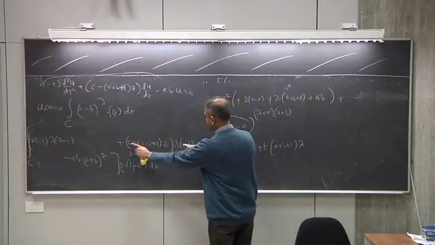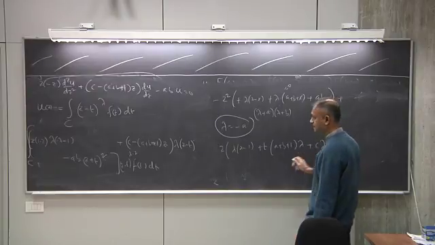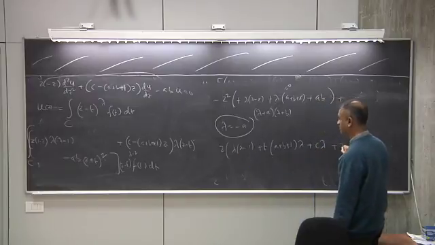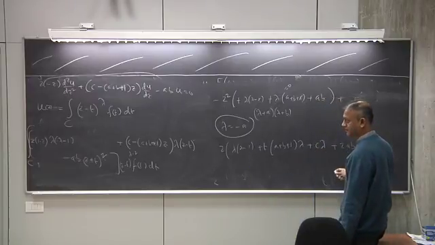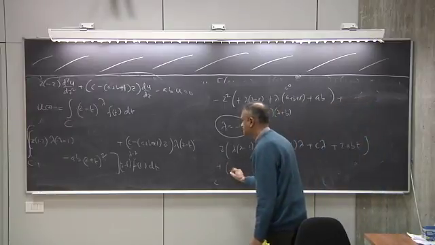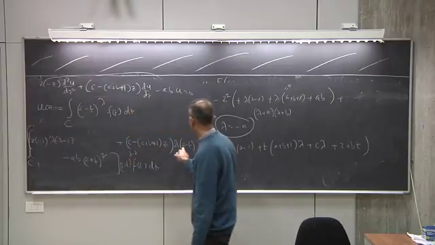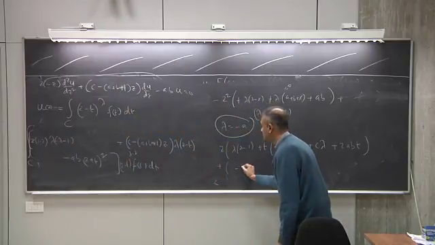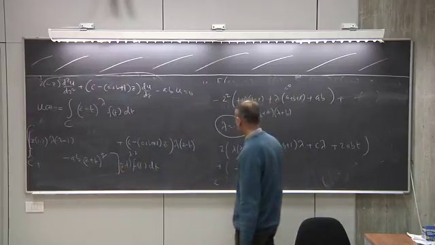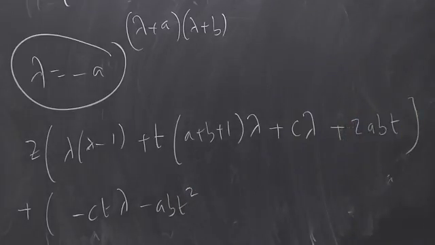And then there is z times c, so plus c lambda. And then finally, the cross term is plus 2ab t. That's the z term, and then the order 1 term, the z independent term: here there is nothing. Here you have ct, so minus ct lambda, and then from here you get t square, so minus ab t square.